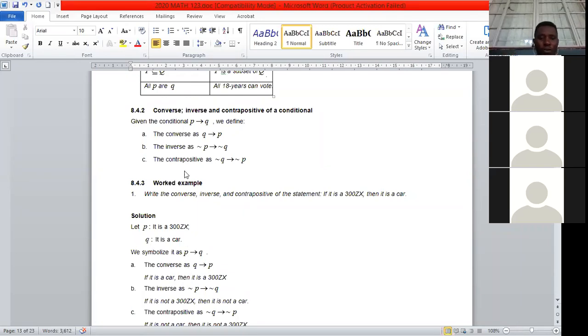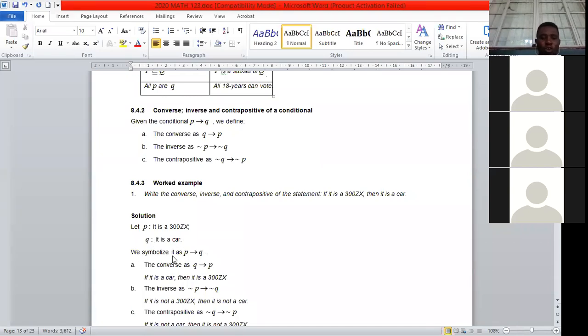Okay. Now, how do I write the converse? The converse says Q implies P. So look at it here. My P is it is a 300ZX. My Q is it is a car.